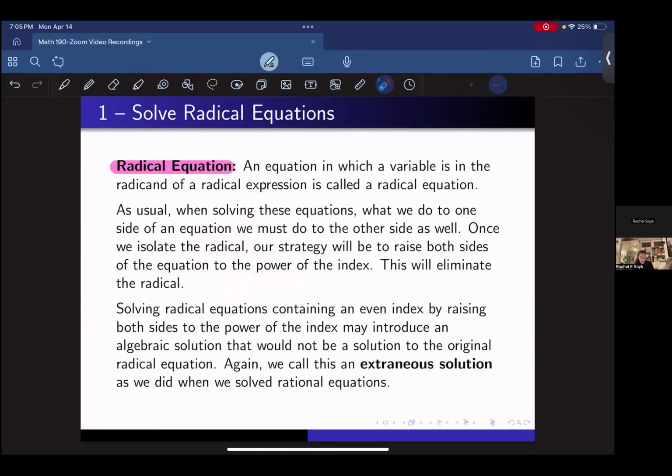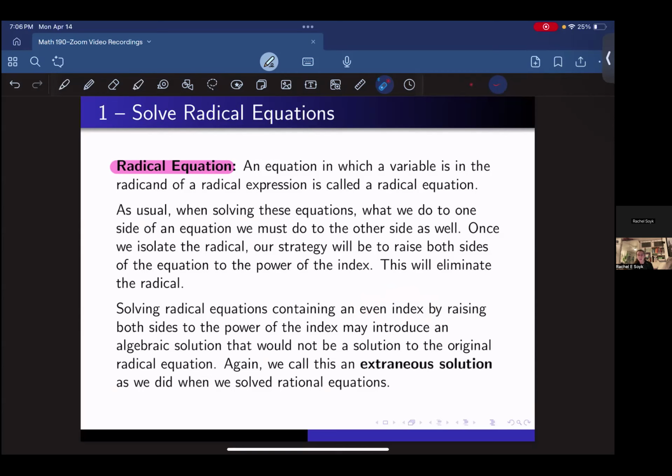And finally, we have solving radical equations, or I should say root equations, that's the better wording for it, containing an even index by raising both sides to that power. That may introduce a solution that does not work when you plug it back in.